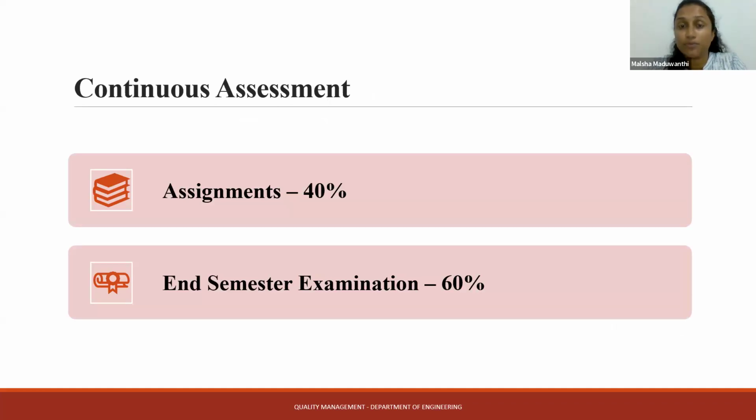You will also have an in-semester written examination, probably a physical examination, and the online platform is only applicable for students working abroad. From the end semester examination, we will calculate 60% out of 100. You can obtain 40% from the assessments.